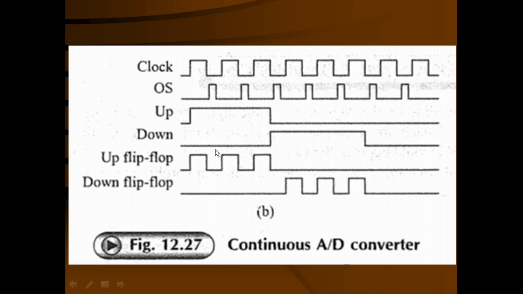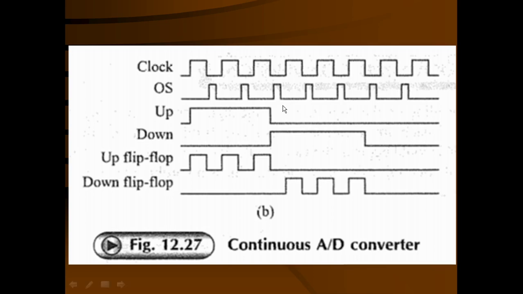Clock pulses will be passing through this one, and it will be advancing the content of the counter in the up direction, and that way the reference voltage of the binary ladder network is increasing, and hence when it becomes equal to or higher than the analog input voltage, the output of the comparator up line is going to be low, then the down line becomes high, and the other way operation begins.